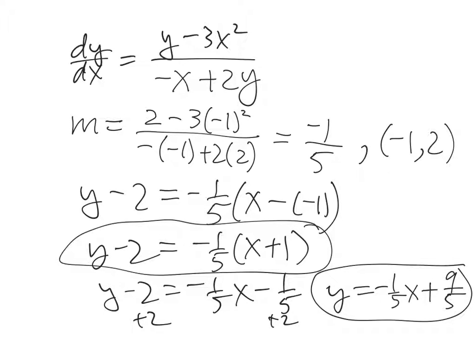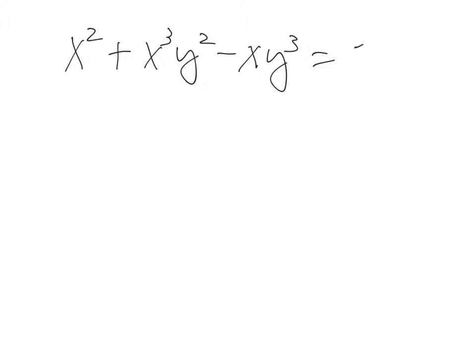Well, let's step it up a notch with the form. We'll find dy by dx implicitly with this one.